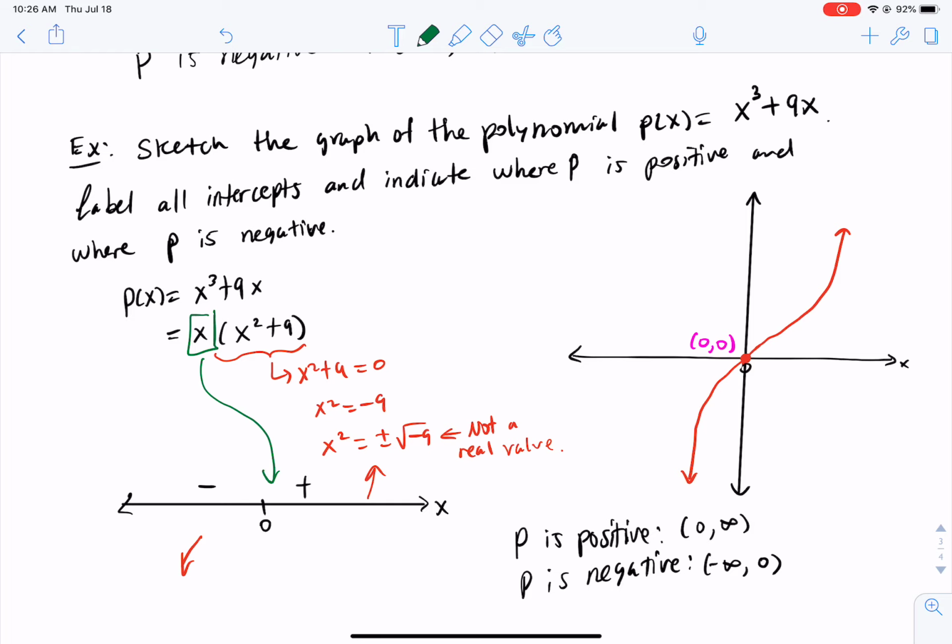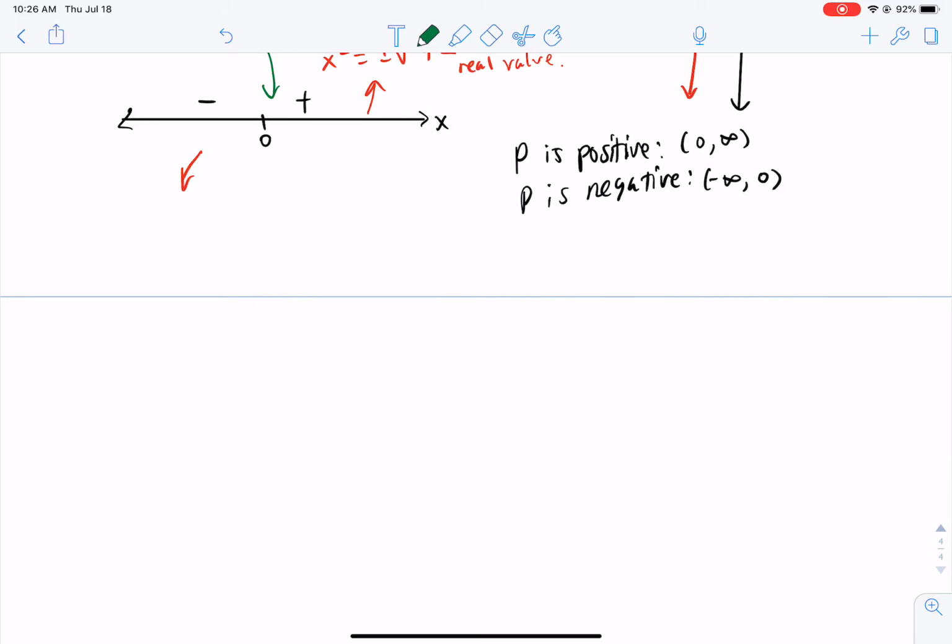But great. Now the next section will be section 4.1. I will introduce it, maybe do one example, and then we take a break, right? So 4.1 will be exponential functions.